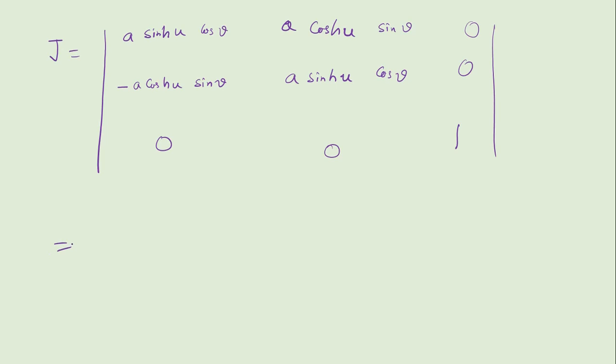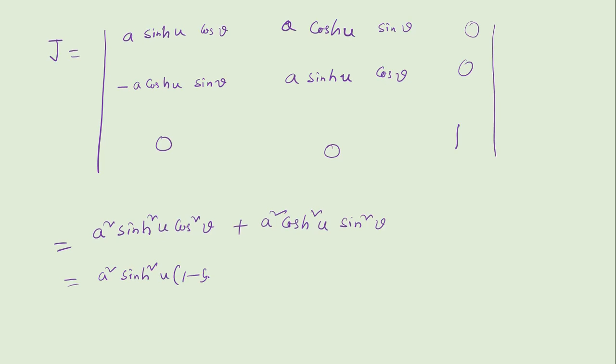So you will get that into that, that is a square sinh square u cos square v plus a square cosh square u sin square v. So just interchange cos into sin.